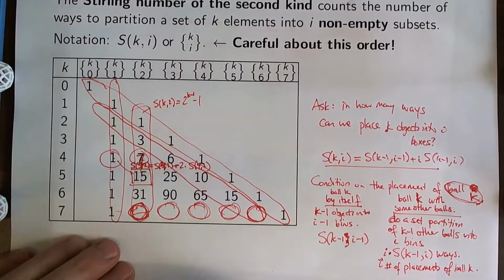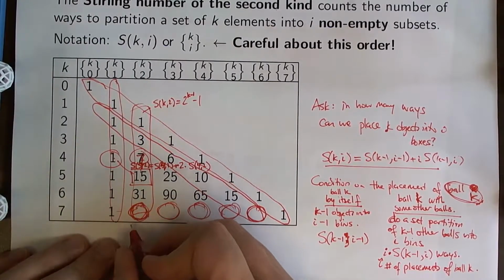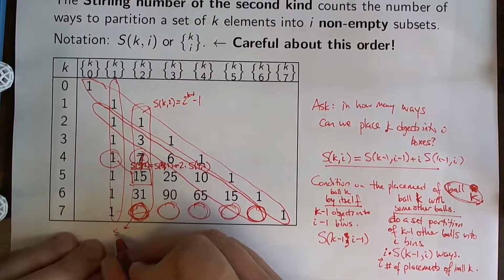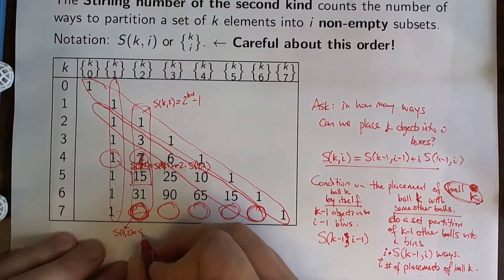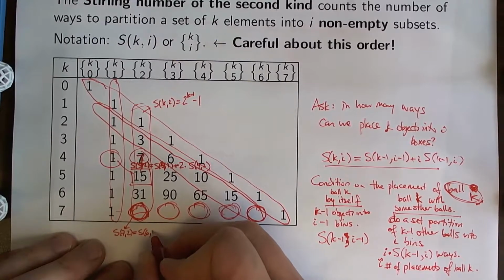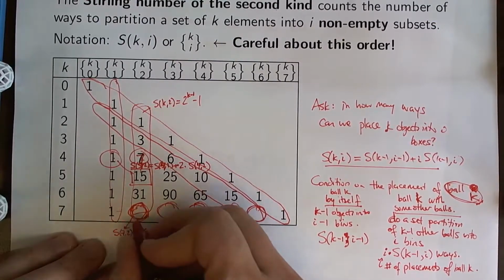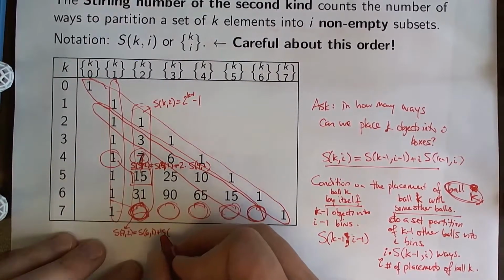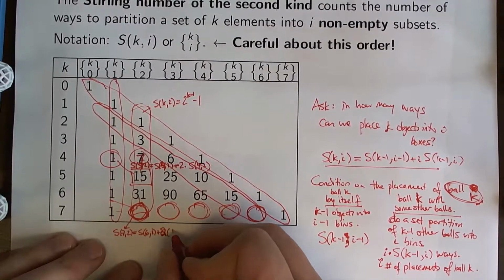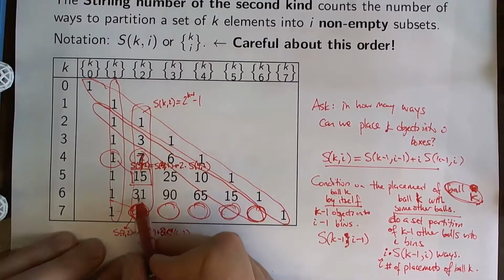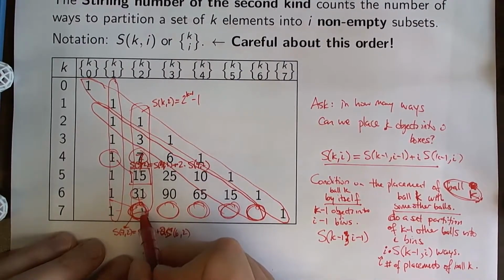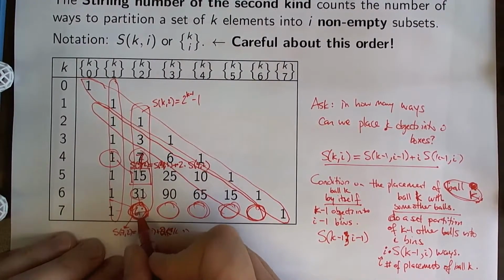Let's fill in the 7th row. Here we have S sub 7,2 is equal to S sub 6,1 plus 2 times S sub 6,2. So 2 times 31 is 62, plus 1 is 63.